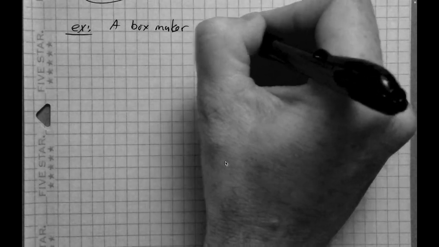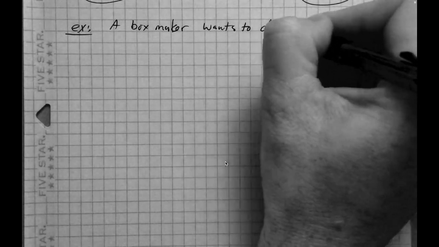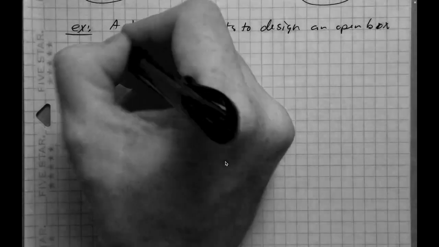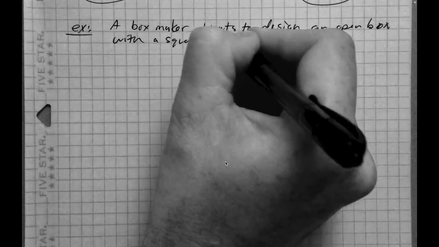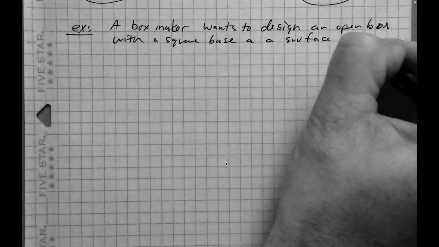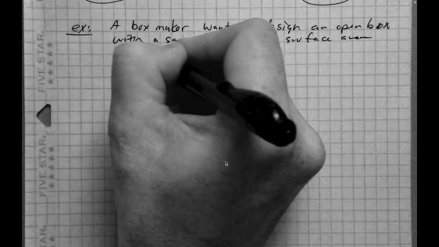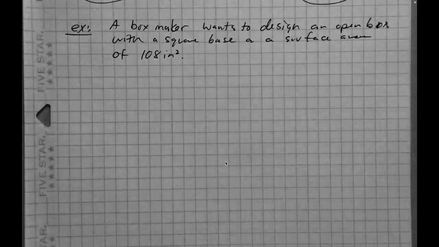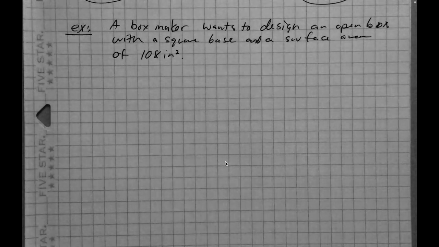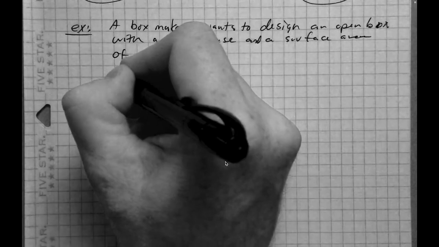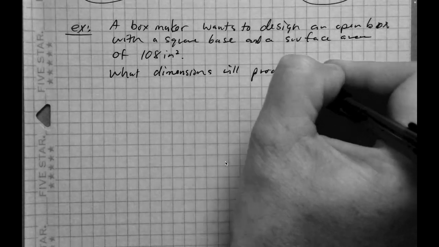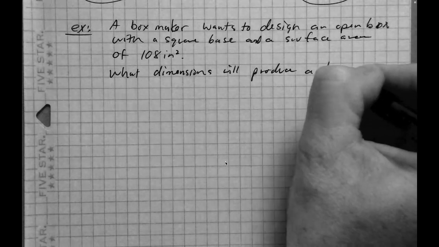A box maker wants to design an open box with a square base and a surface area of 108 inches squared. So the question then is, what dimensions will produce a box with the maximum volume?